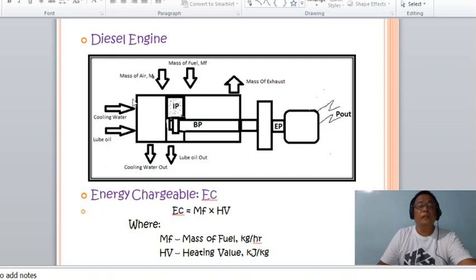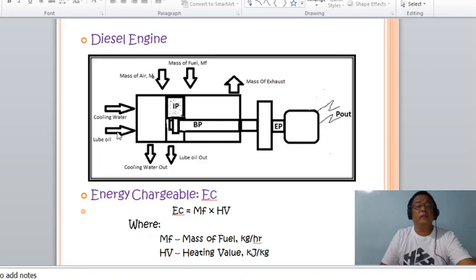Another here is the cooling water. Cooling water is of course very important to be circulated inside the engine in order for the water to absorb the heat generated inside the engine or combustion chamber.